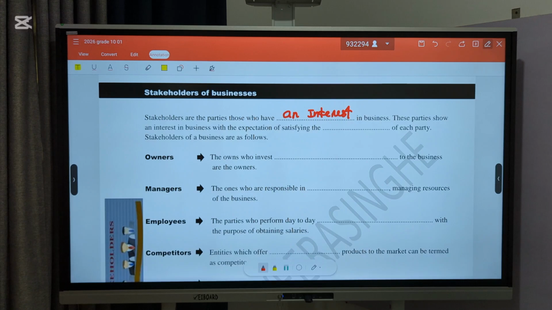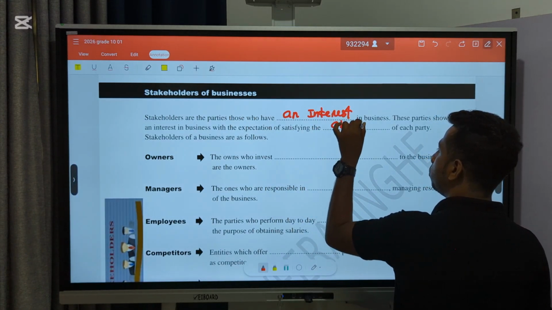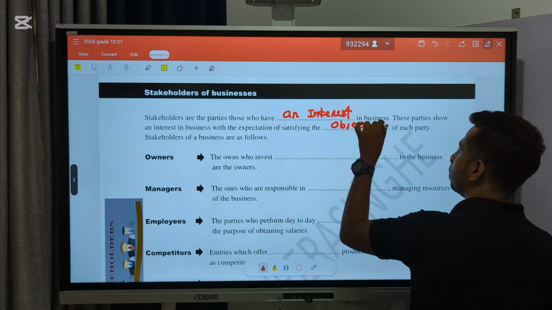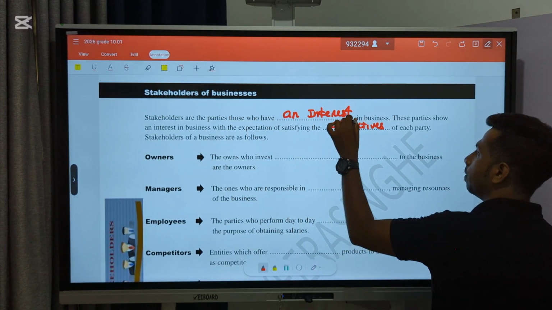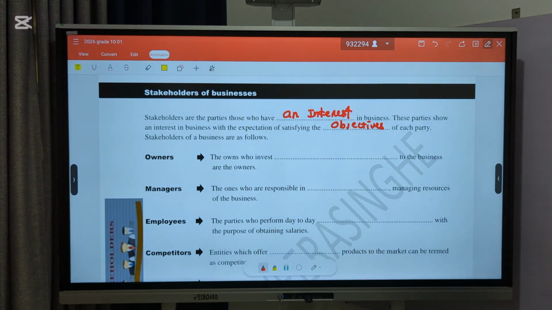These parties show an interest in business with the expectation of satisfying the objectives of each party. In other words, the aims of each party.